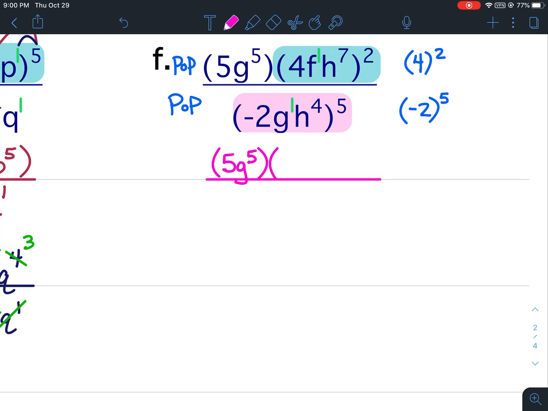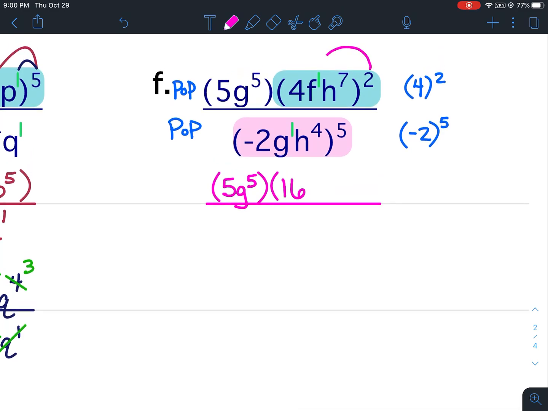And then we have the power of a product. So 4 squared is 16. 2 times 1 would give me f squared.